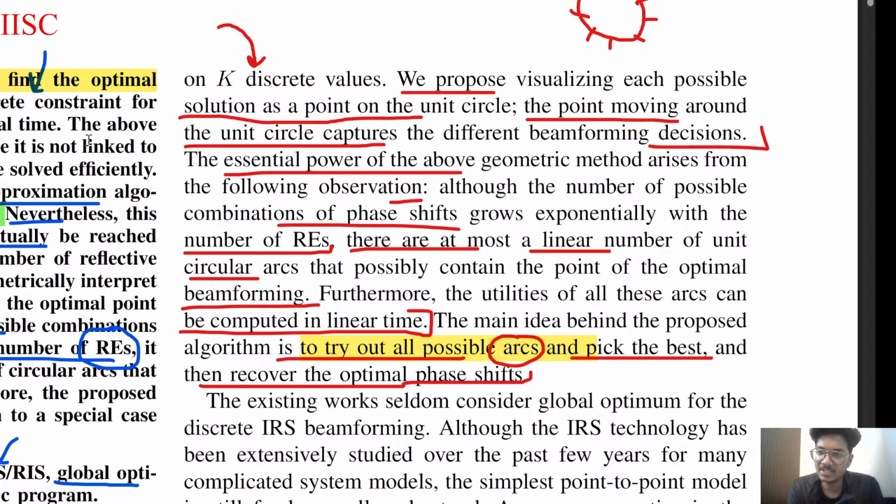But there are at most a linear number of circular arcs that possibly contain the point of optimal beamforming. So not all points, only a linear number of arcs, give the best and optimal answer. Furthermore, the utility of each arc can be computed in linear time. The main idea behind the proposed algorithm is to try all the possible arcs, pick the best one, and recover the optimal phase shift.